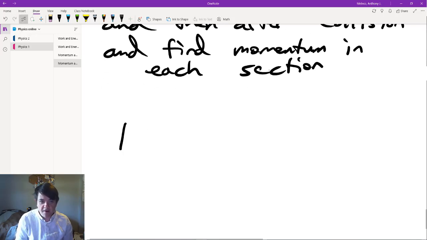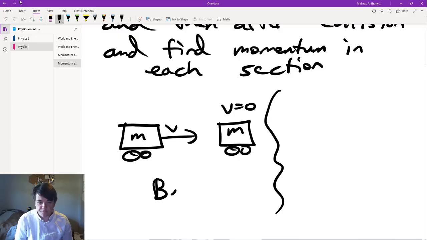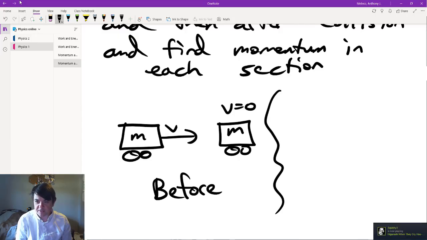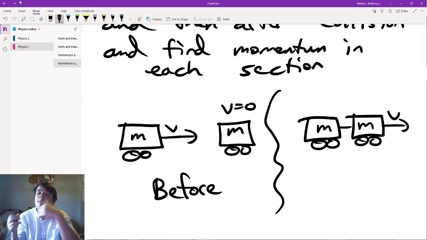What that means for this is we have a train cart that's moving. Okay, it's got mass m, it's moving with velocity v. We've got another train cart that isn't moving, but it still has mass m. This is our before case, before the collision happens. Afterwards, we have these 2 train carts that are moving together with velocity v, and they both have mass m, because they're going to collide and then they'll move together afterwards.